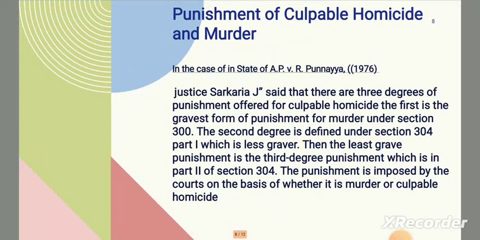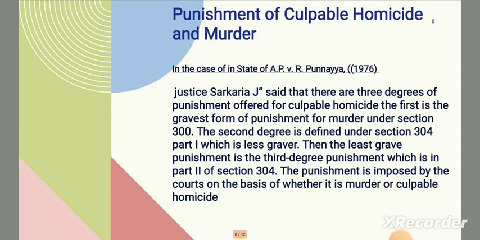Punishment of culpable homicide and murder. In the case of State of A.P. versus R. Punnayya, 1976, Justice Sarkaria said that there are three degrees of punishment offered for culpable homicide. The first is the gravest form of punishment, for murder under Section 300.